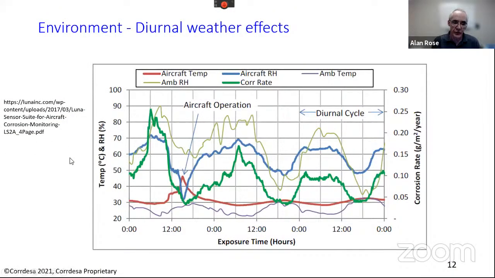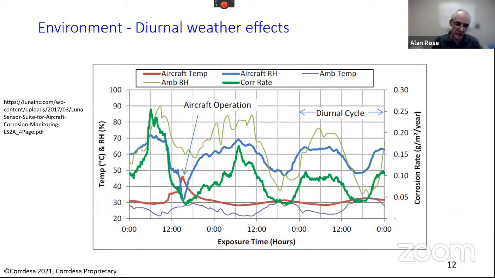An important aspect, of course, is the environment. There's a big difference between an airplane spending time in Guam and spending time in the desert in Nevada. There's a company, Luna, that have manufactured sensors that have been on board planes, and you can see the cycle of humidity and temperature that a plane would pass through. Different tail numbers can have different lives. So it's not just, let me do a corrosion analysis for my 737.